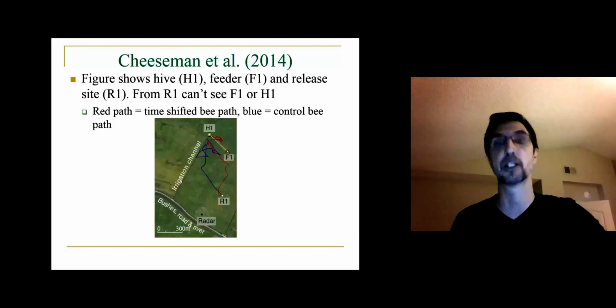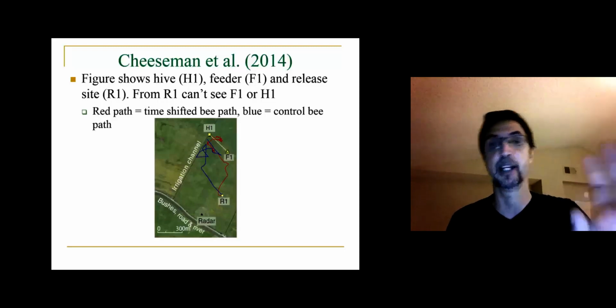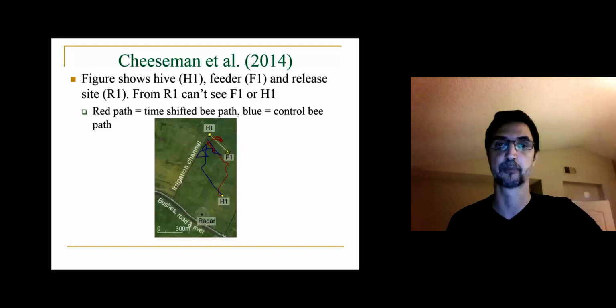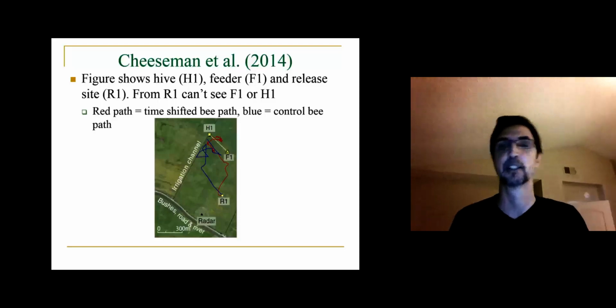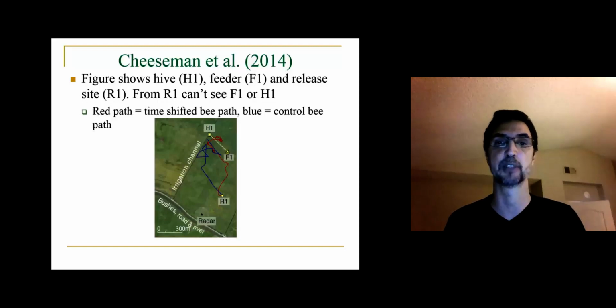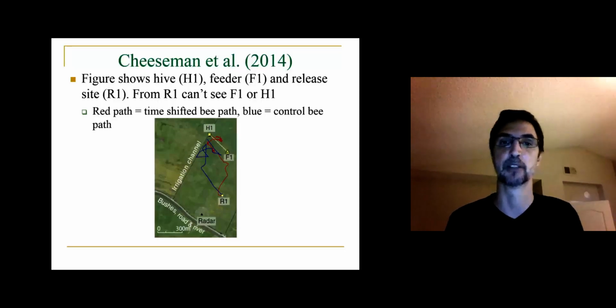Both groups went in the wrong direction at first and then ended up at the right location. But what's interesting is the two types of errors that were made. And as we'll see, this reflects the fact that the time-shifted bees were relying on the sun compass, which led them in the wrong direction.